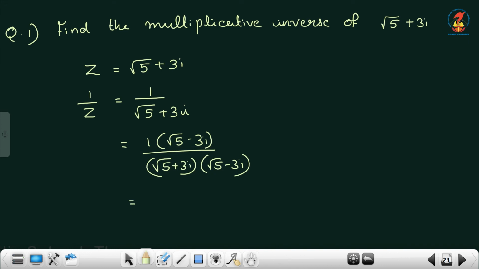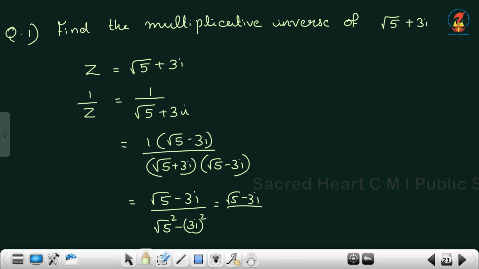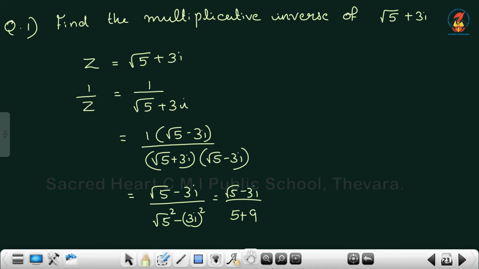Now multiply. Denominator is always in the form a plus b into a minus b, so a square minus b square. B square means 3i square. Root 5 square is 5. i square is minus 1, so it is always plus 9.